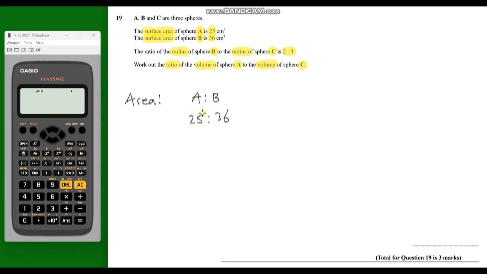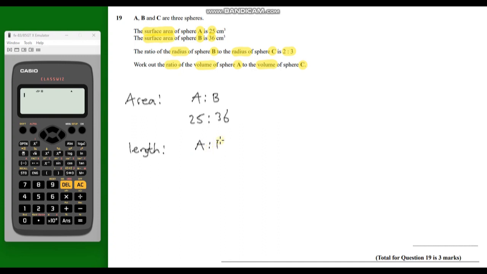Now, with this information, we can work out the ratio of the lengths, in this case the radius. The area scale factor is 25 to 36. To work out the length scale factor, we just square root both of these values.